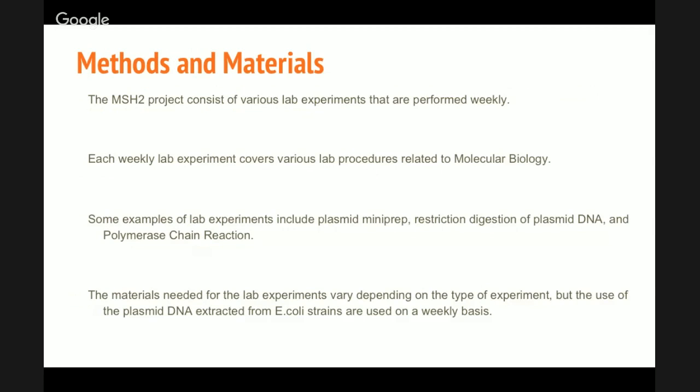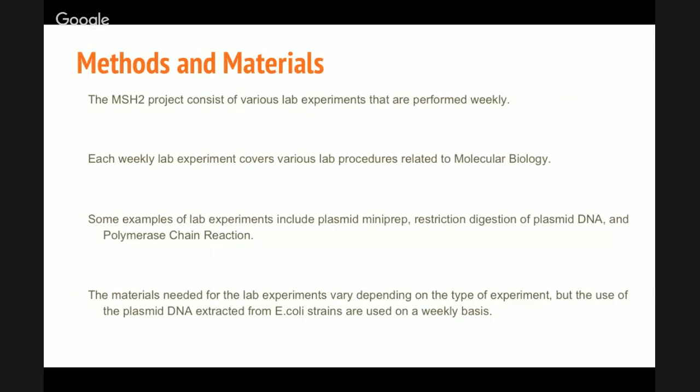In our methods and materials, the MSH2 project consists of various lab experiments that are performed on a weekly basis. Each particular lab experiment for our project relates to a subject in molecular biology. Some examples of our experiments include plasmid mini-prep, restriction digestion of plasmid DNA, and polymerase chain reaction.